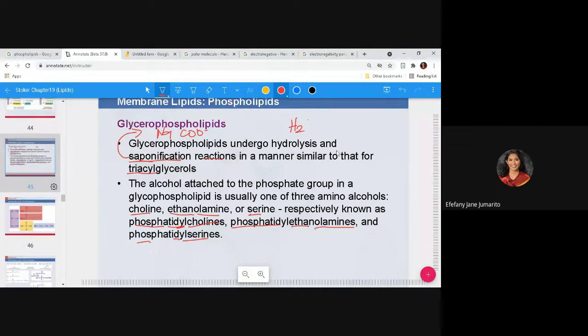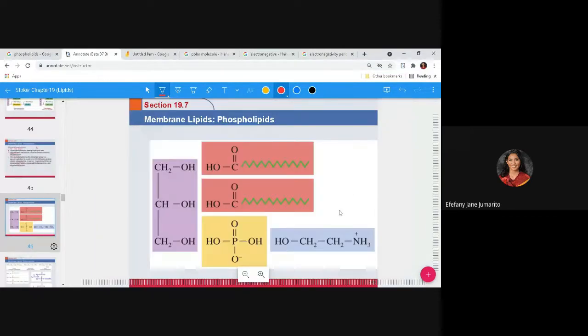Now it says that when we have a phosphate group, the alcohol attached to the phosphate group in a glycerophospholipid is usually one of three amino alcohols.